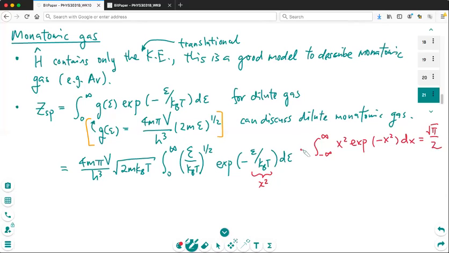Right, so you have x squared here. You are almost there. You get one x here, and then you get another x from this d epsilon. So you get x squared here, and then you need to manipulate the limit. You need to justify that this is an even function, and when you integrate, what is the integral?